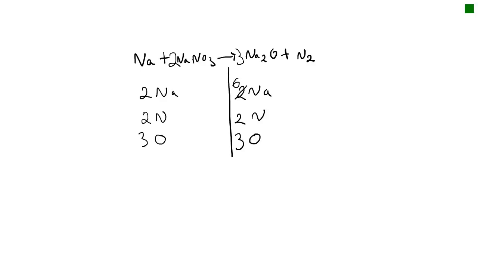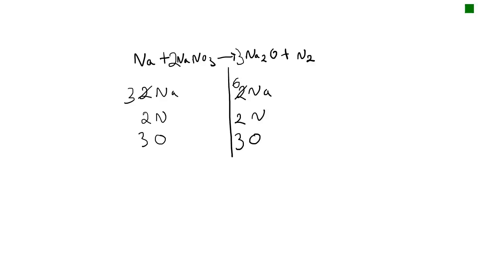I can see that I'm going to have to alter some other numbers here. What happens is I added two more sodiums here, so my total number of sodiums on this side now becomes 2 plus 1, which is 3. So I'm going to cancel this out, and once again, my sodiums are unbalanced.